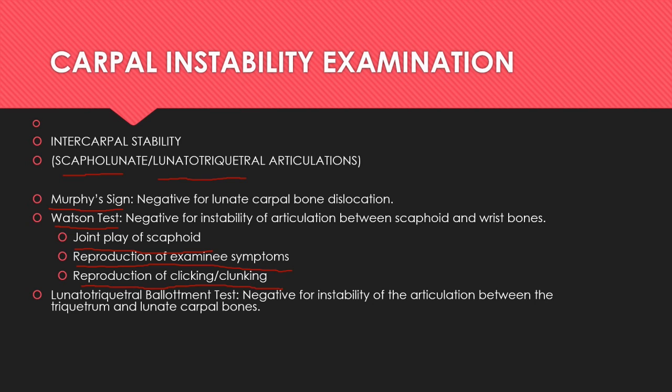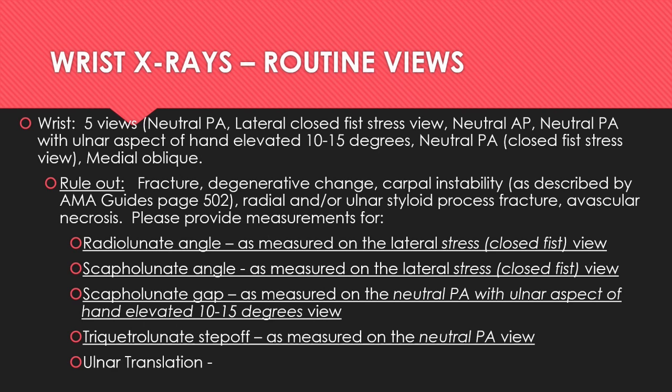For your wrist X-rays, this is how your order to the imaging facility is going to look. You're going to be ordering wrist X-rays, 6 views, which include the neutral PA, the lateral, a neutral AP, then also a neutral PA with the ulnar aspect of the hand elevated 10 to 15 degrees, which is going to give us a look right down the scapholunate and lunotriquetral articulations.